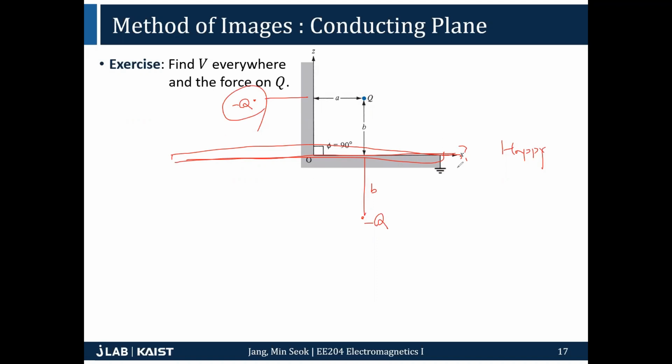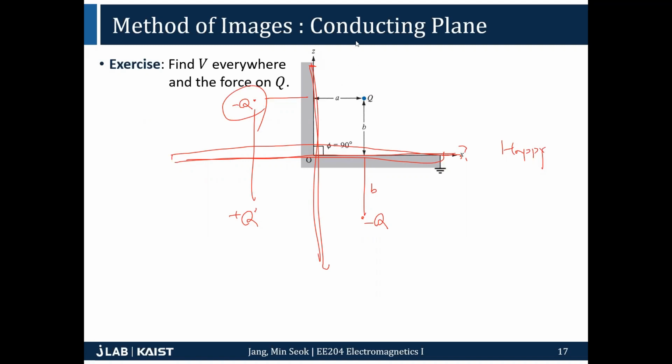So in order to make the bottom boundary happy, you need plus charge Q here anyway. And that applies to this boundary too. You need to satisfy the charge balance for all the charges.